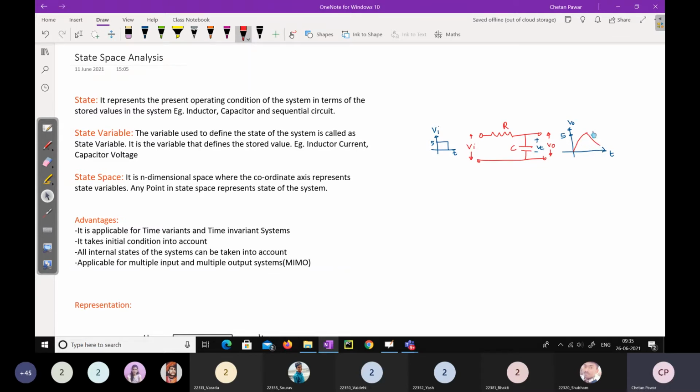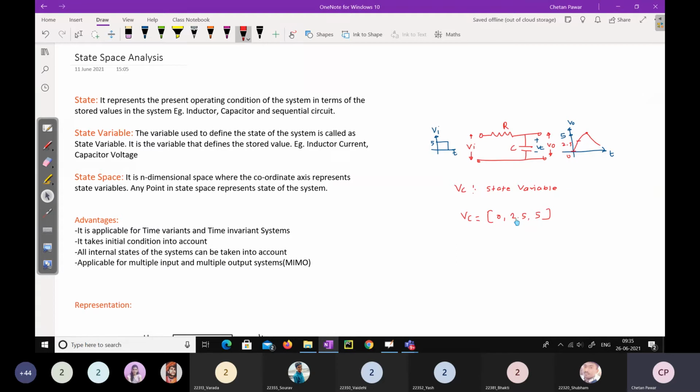Now here, in this particular scenario, VC, the capacitor voltage, is called a state variable. The VC value will vary from 0, 2.5, 5, or many intermediate levels.